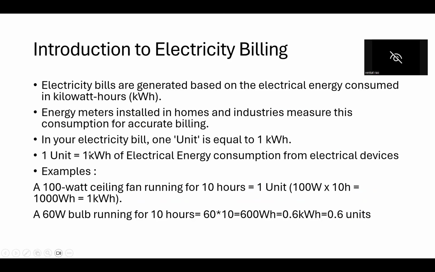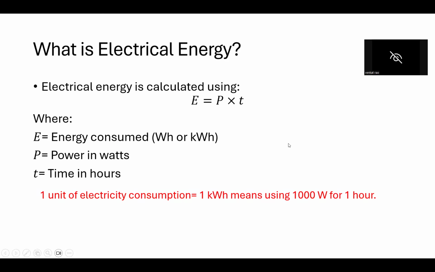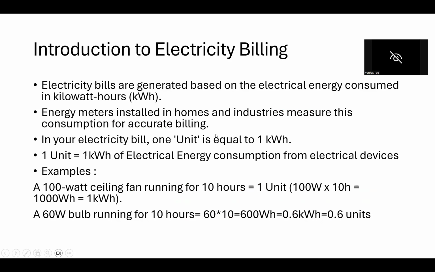So in your electricity bill calculation, what is the meaning of 1 unit? 1 unit is equal to 1 kilowatt hour. 1 kilowatt hour means 1000 watt hour. So 1 kilowatt hour is nothing but 1 unit of electrical energy consumed from electrical devices.